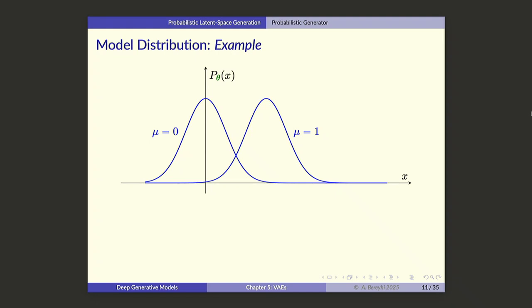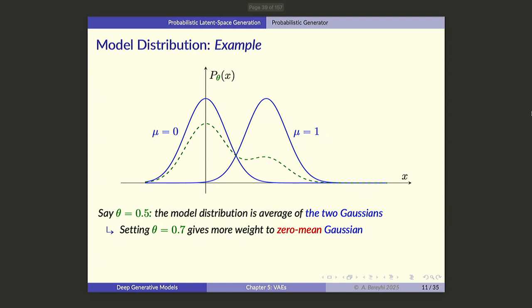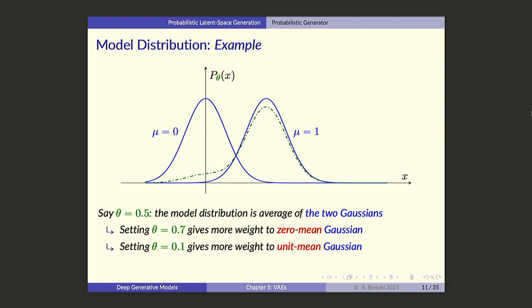If theta is half, I'm going to have half of the first plus half of the second, so it's going to look like this, with two peaks. Now I could push theta to have more weight at 0, and it's going to look different. If I push theta to have more weight at 1, for example setting theta to be 0.1, it's going to look more like a Gaussian distribution at 1, but it's still a bit deformed.